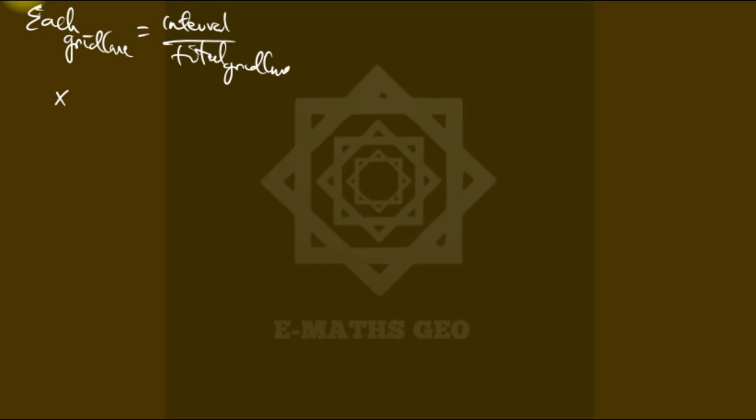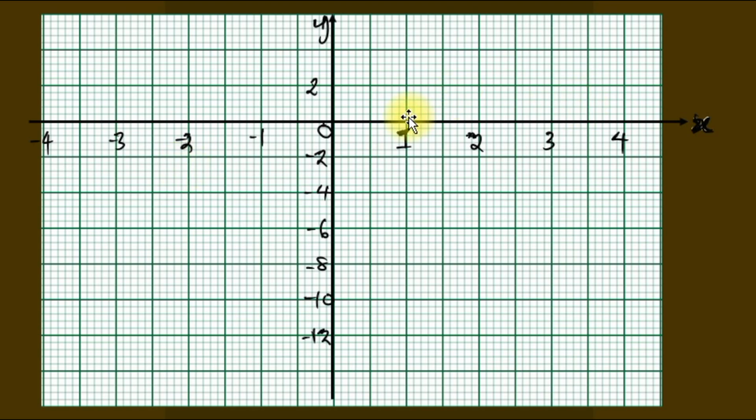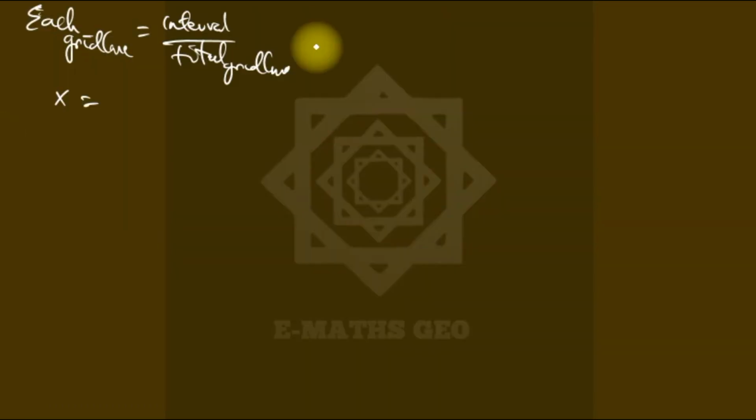So for x, we are moving 1 interval, so 1 over the total. We have 5 grid lines to that one, 10. So 1 over 10. So it's settled for x. Each of the grid lines is 0.1.